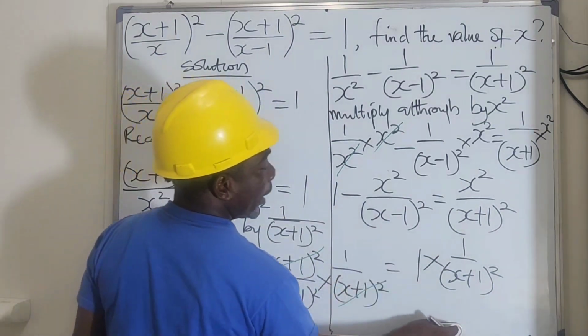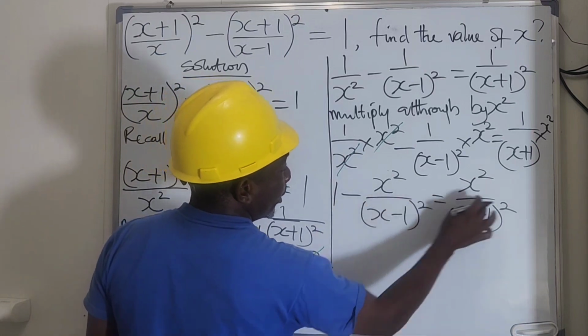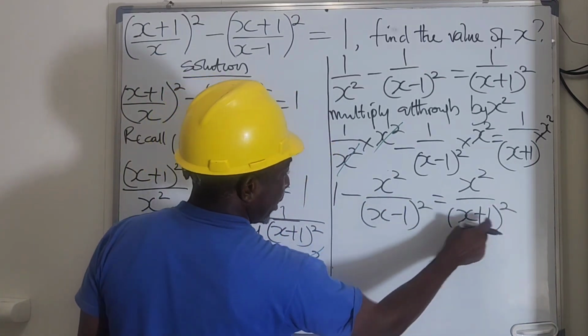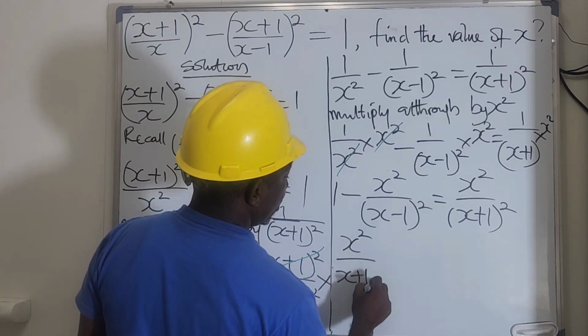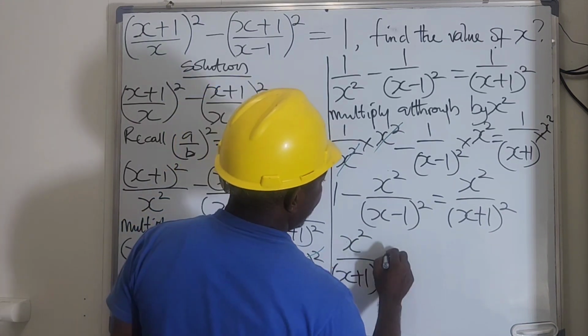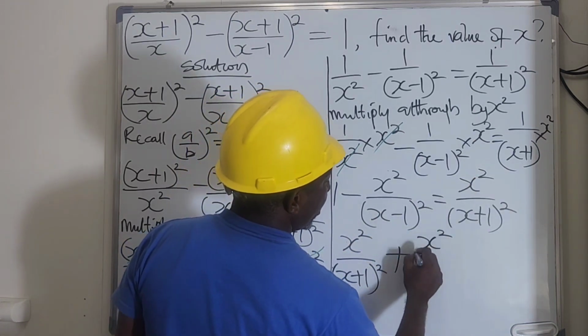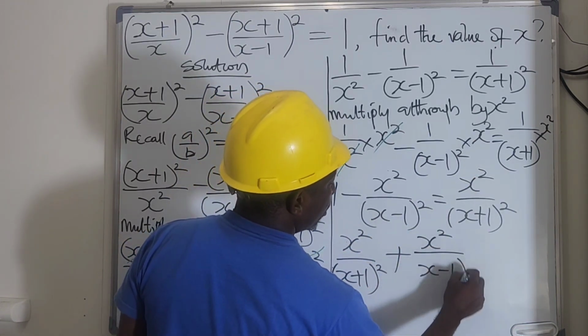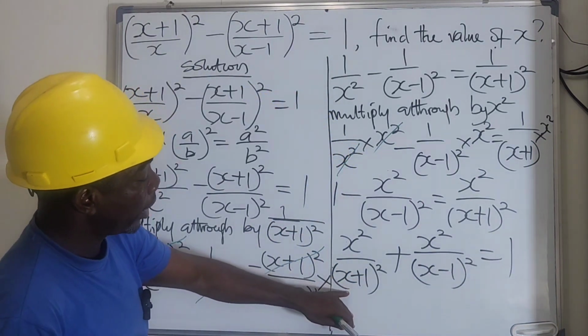So now we can rearrange this. By rearranging, this will be transposed to the other side. So we take this one first, x squared all over x plus 1 all raised to the power of 2 plus, so this will be transposed to the other side, become x squared all over x minus 1 squared equals 1. So this is what we have now.